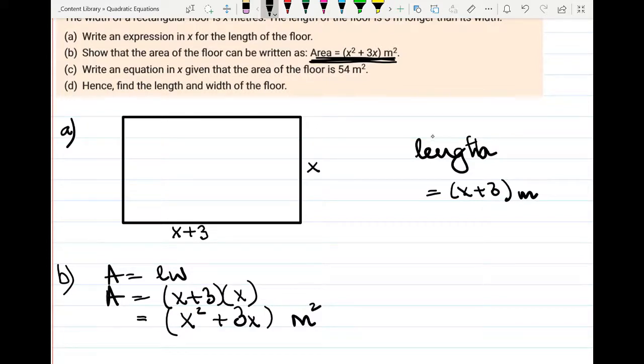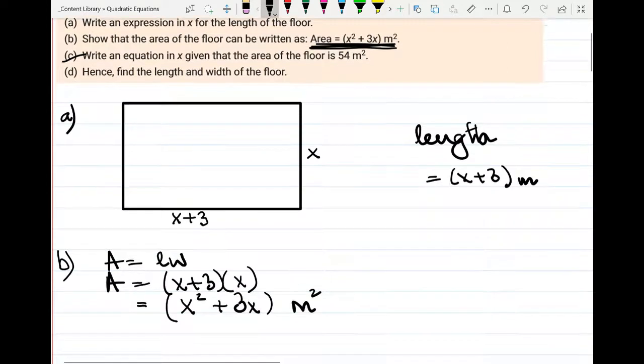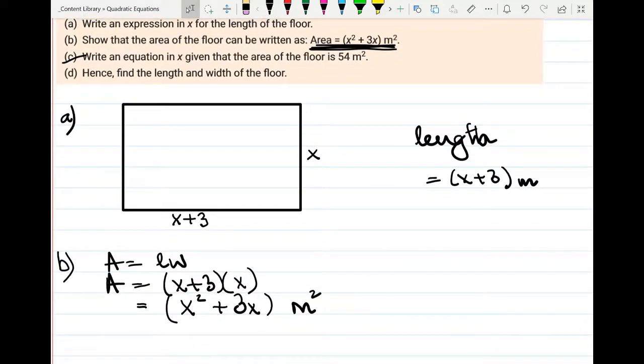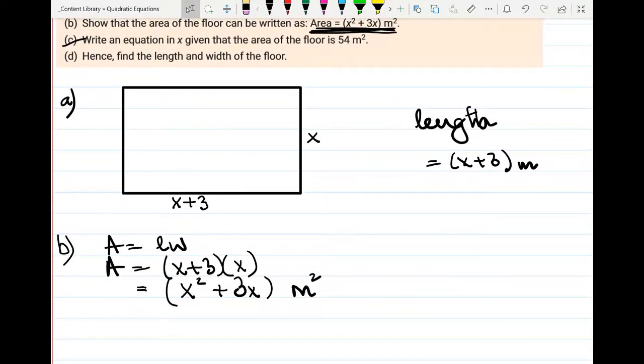Part C, write an equation in x given that the area of the floor is 54. Well, we've just calculated the area using x and x plus 3. So we know that the area works out to be x squared plus 3x. But they're telling us in the question that the answer for the area is 54.